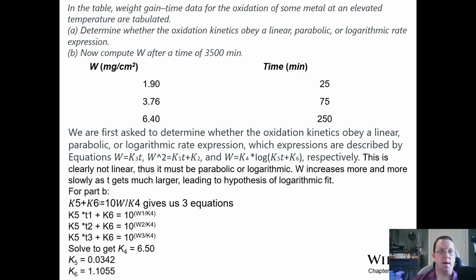This step gives us a t1 and a W1. We have a t2 and a W2. We have a t3 and a W3. And we're looking for K4, K5, and K6. So we go through the algebra in order to give us the values. 6.5, 0.03, and 1.1 are our approximate values for these K's.